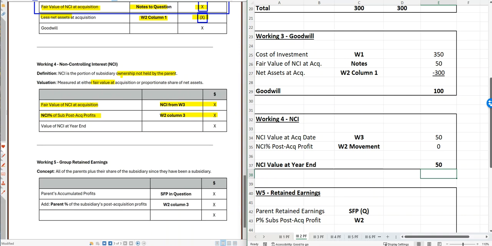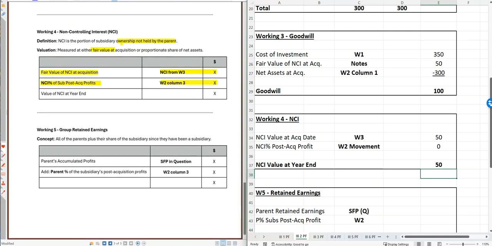Okay, the last working we need to be able to do is the group retained earnings. So we start with the parent's accumulated profit or retained earnings. We can get that from the statement of financial position in the question. And then we give the parent their percentage of the post-acquisition profit, which we work out in working 2. But of course, in this one, remember, we don't have any.